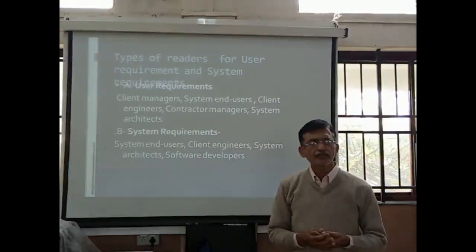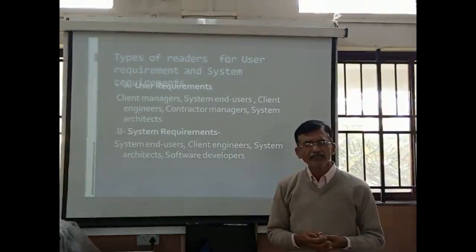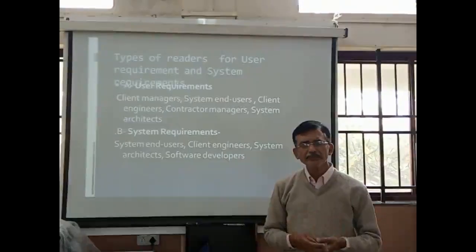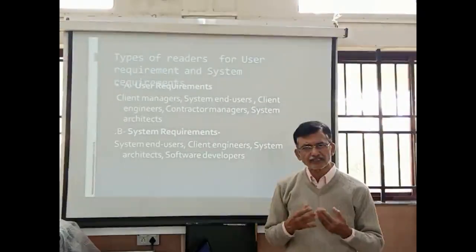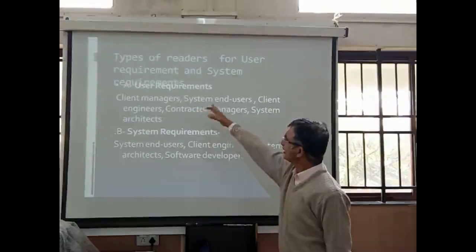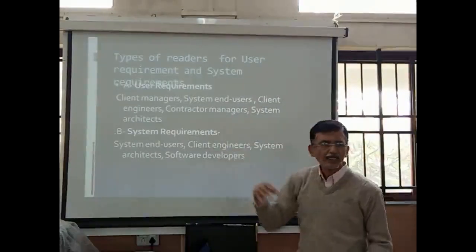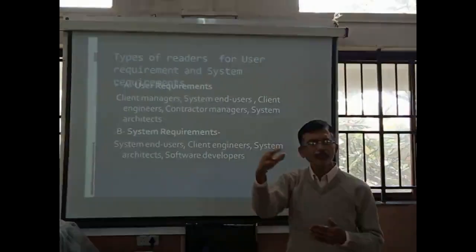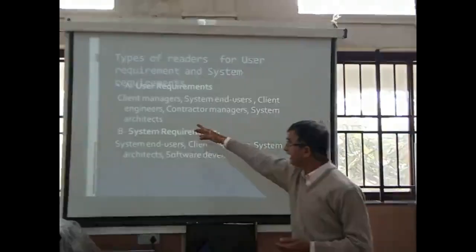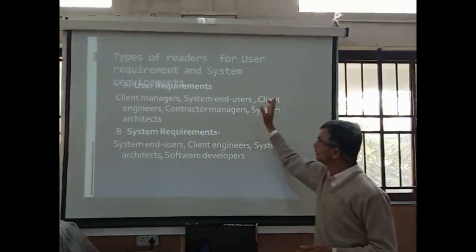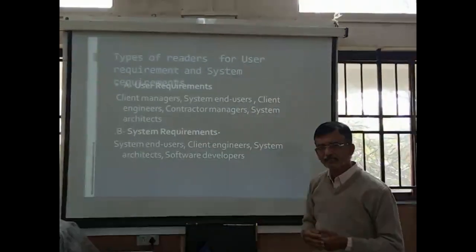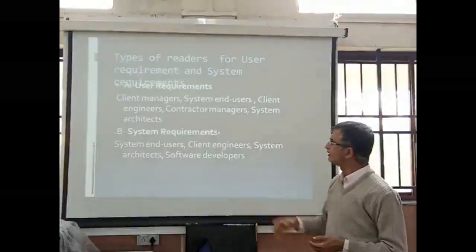Now, who are the different types of readers as far as requirements are concerned? That we will study. We will take up some examples of types of readers. As far as user requirements are concerned, these are abstract statements mentioned by the user who could be working at various levels. Client managers are one of the users. System end users could be a clerk or a supervisor.